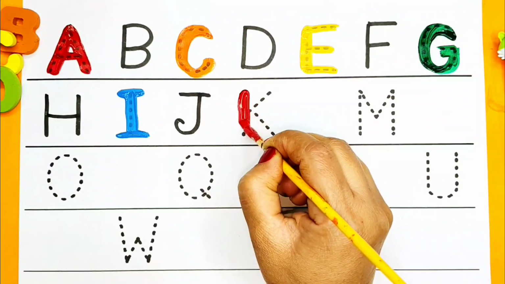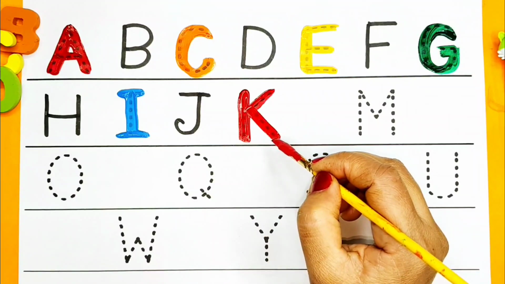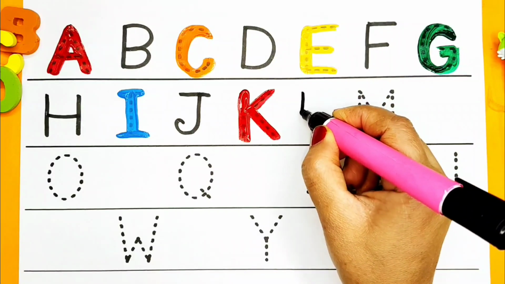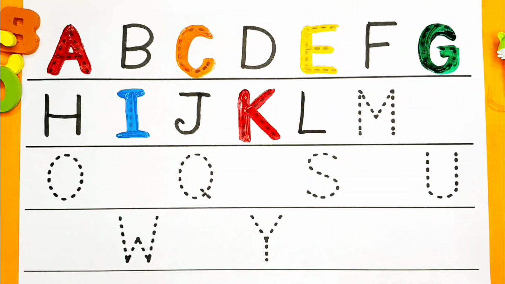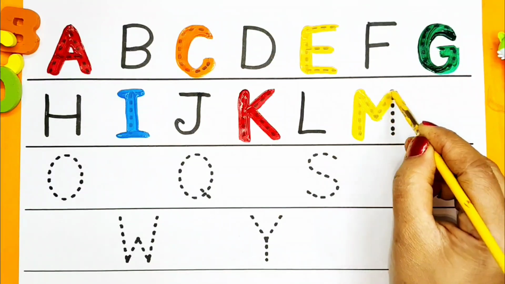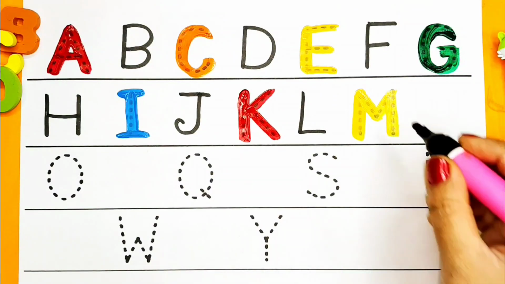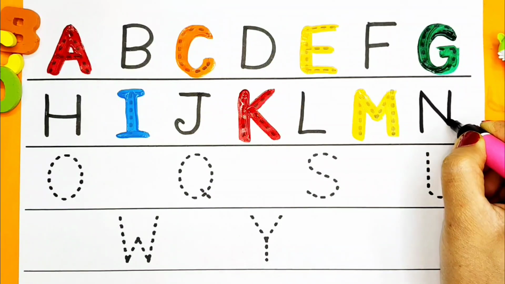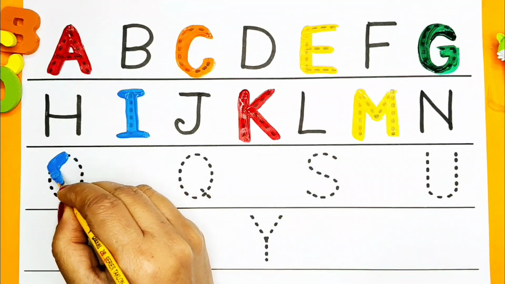Red color. K for kite. Missing letter. L for lion. Yellow color. M for monkey. Missing letter. N for nose. Sky blue color.